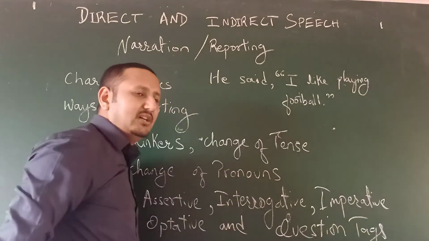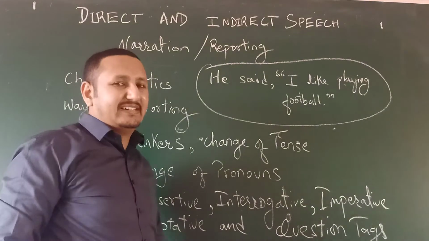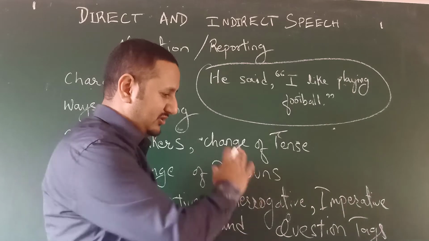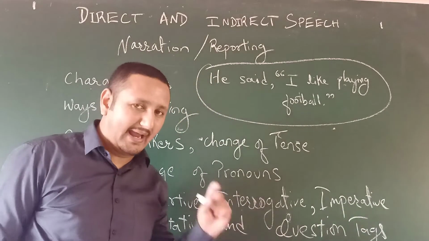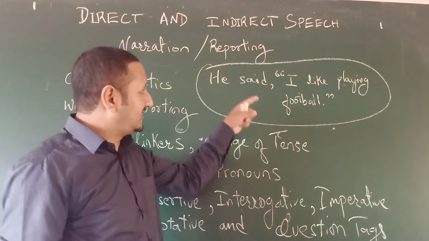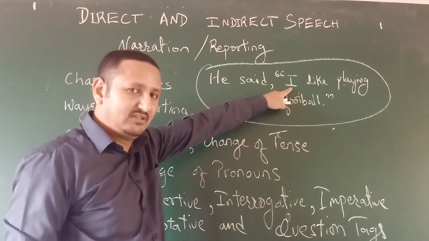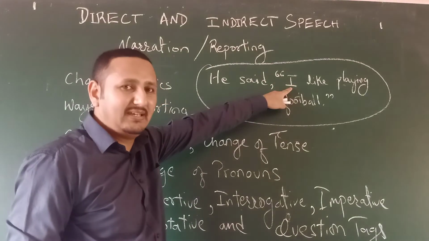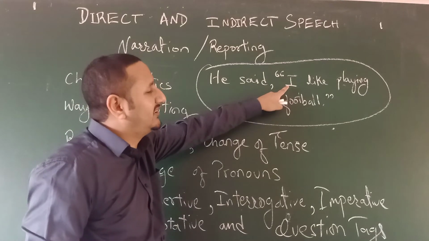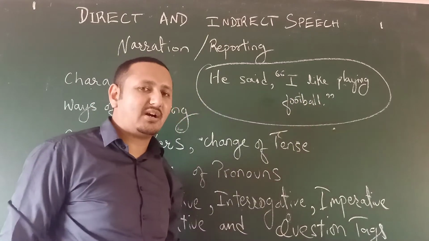Now this speech is direct speech because it is placed in between inverted commas. So this is the actual quotation. I repeat, the actual quotation of the words that are spoken by the speaker. You will see that this word will always start with a capital letter. Remember why? Because the entire sentence inside the quotation marks is a new sentence.